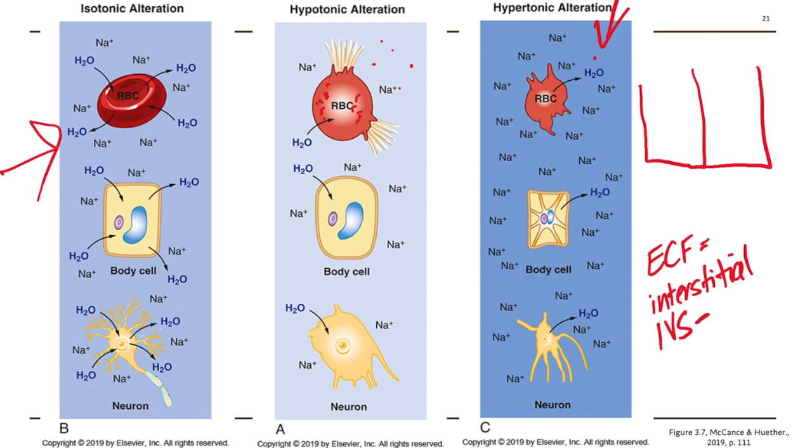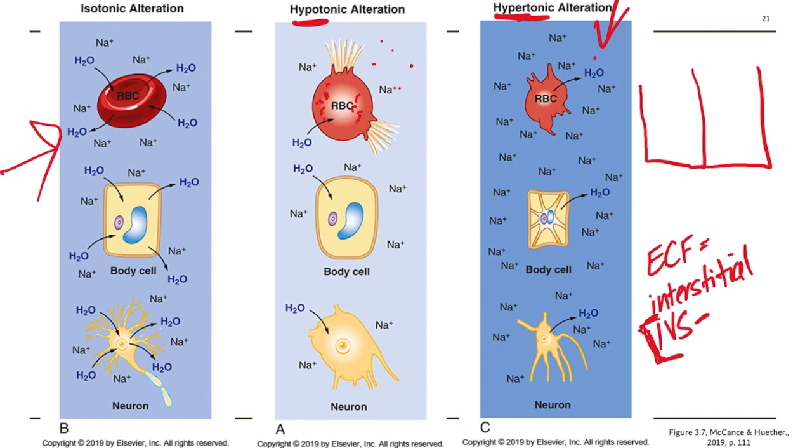Why that's important is because that's where we're going to hook up an IV. We're going to put, for example, a hypertonic solution or a hypotonic solution into this intravascular space, and that's going to cause some kind of fluid movement.